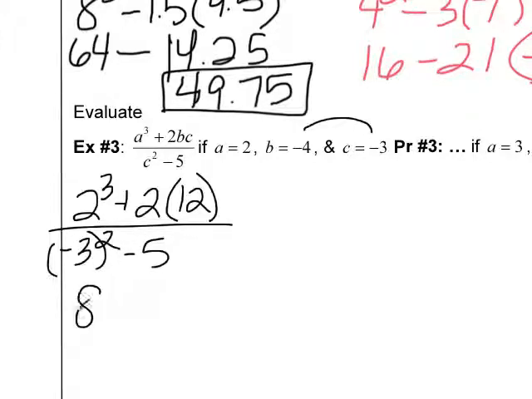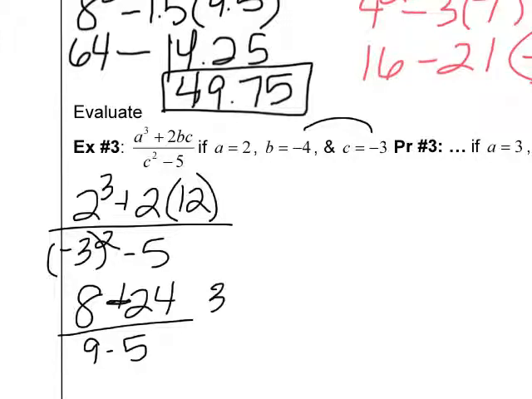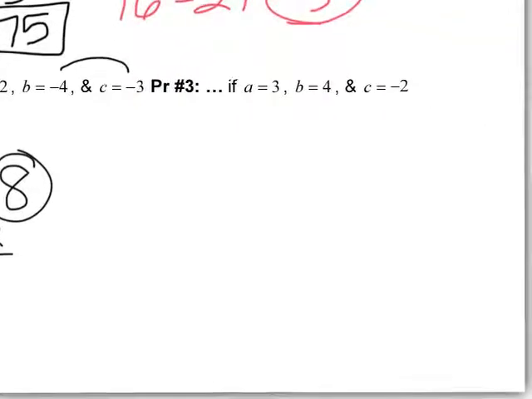So we would have 8 plus 24 over negative 3. Anything squared is going to be positive, so 9 minus 5. So you've got 32 over 4, so you have an answer of 8. Okay, go ahead and practice number 3. Come back for the answer.